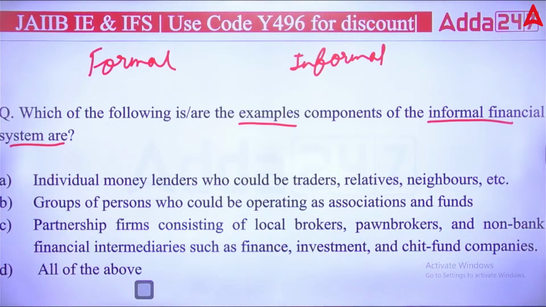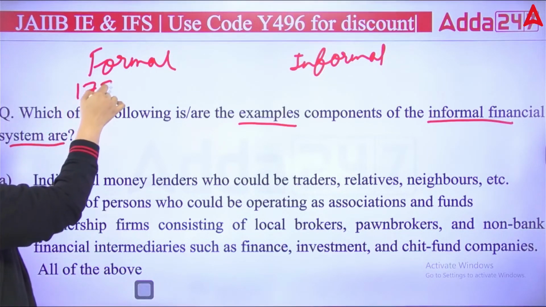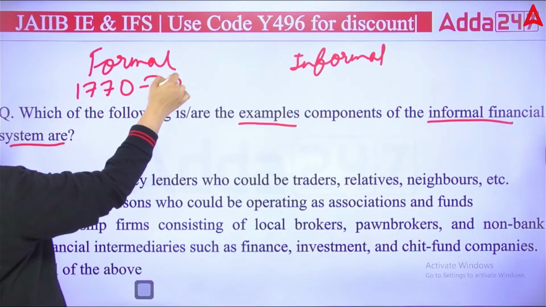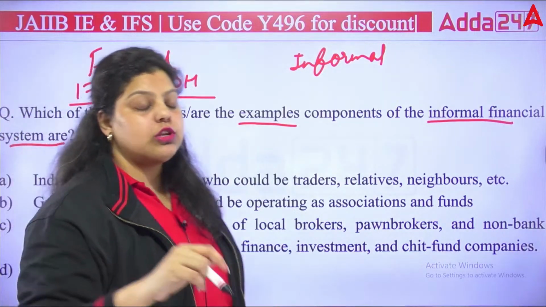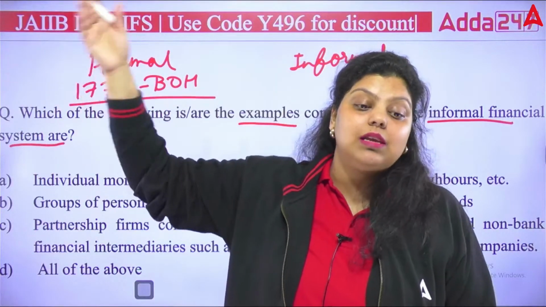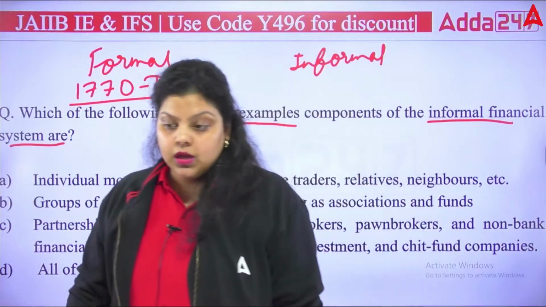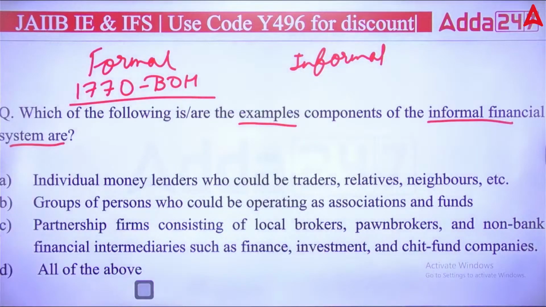The formal financial system in India started in 1770 when the Bank of Hindustan was established in Calcutta. And if I talk about the informal financial system, it's been going on since human civilization, we can say. So you have to answer here which of the following are the examples of components of the informal financial system.